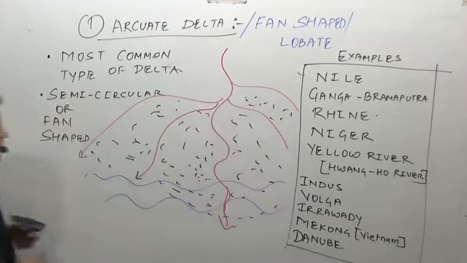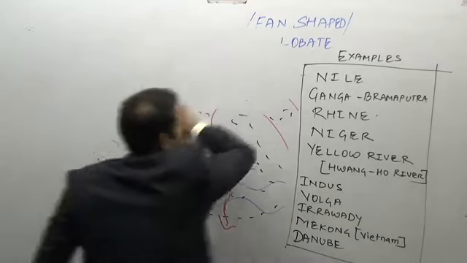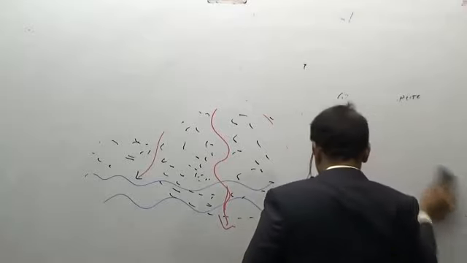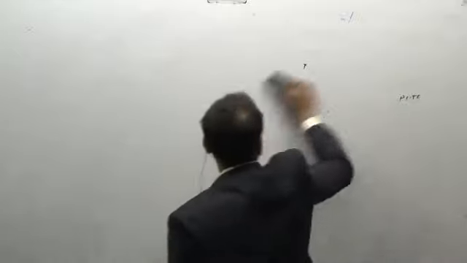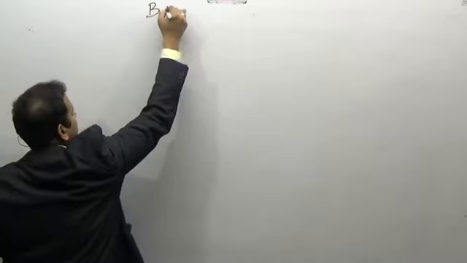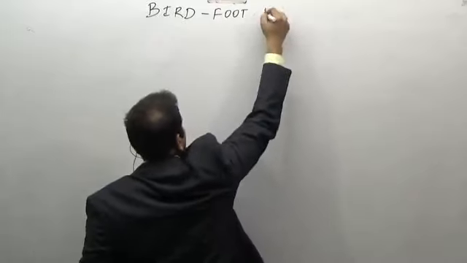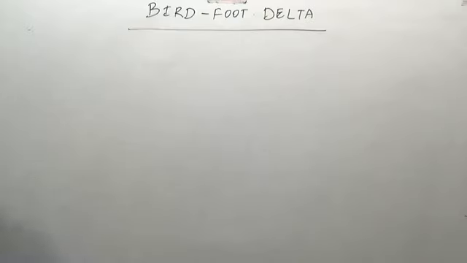Now the other kind of delta is a finger-shaped delta or bird foot delta.